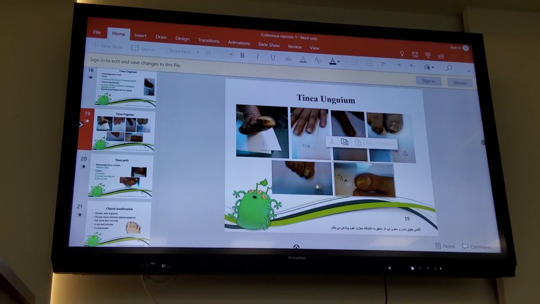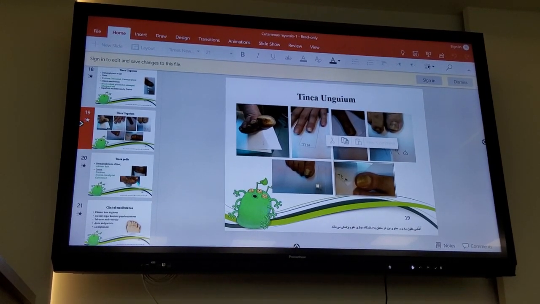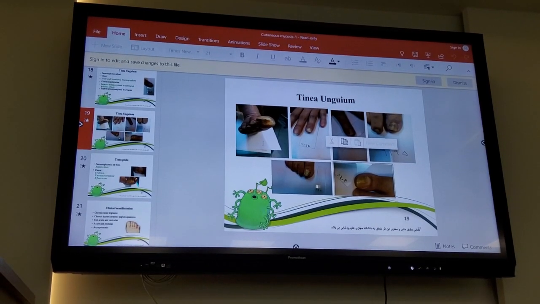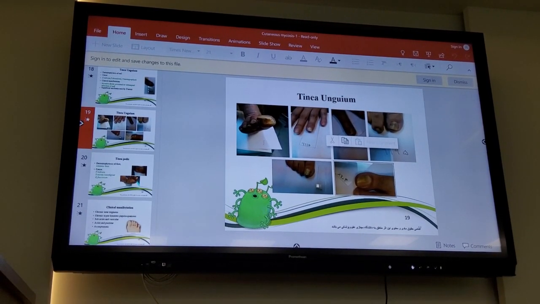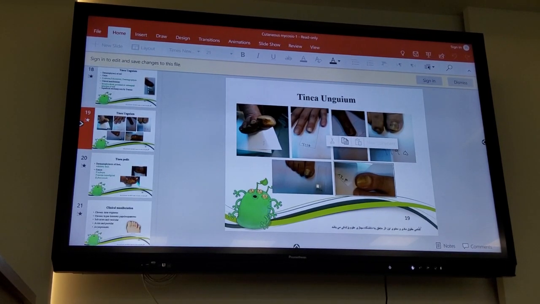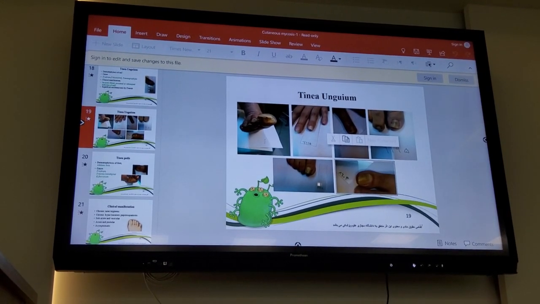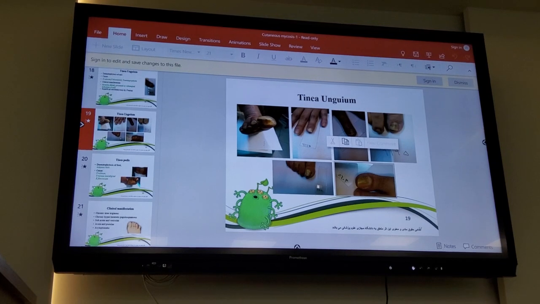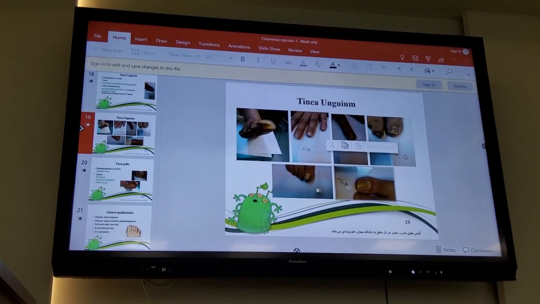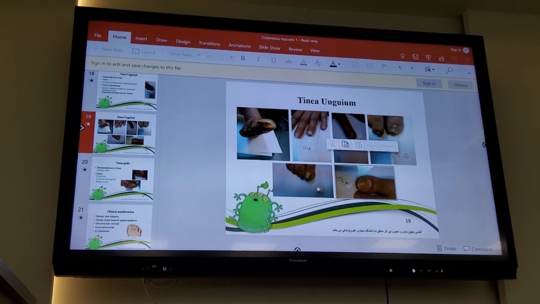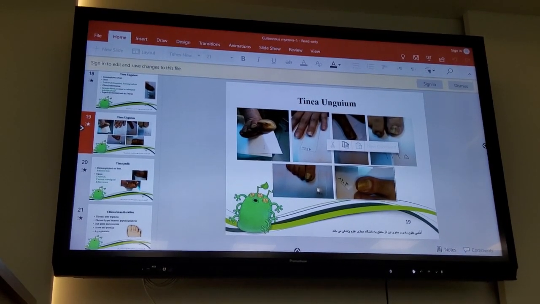Therefore, for isolation of the fungal element in diagnosis of tinea unguium, we must use two media, SC and SCC, because the etiologic agent may not be a dermatophyte; it may be a Candida, a yeast, or another mold fungus.